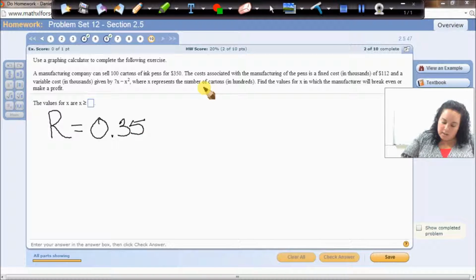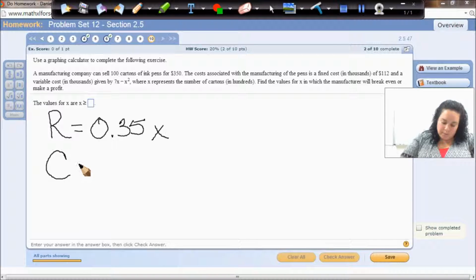And then it's $350 for every 100 cartons. But it says that x represents the number of cartons in hundreds already. So x is fine just as it is. So this is the equation for revenue.